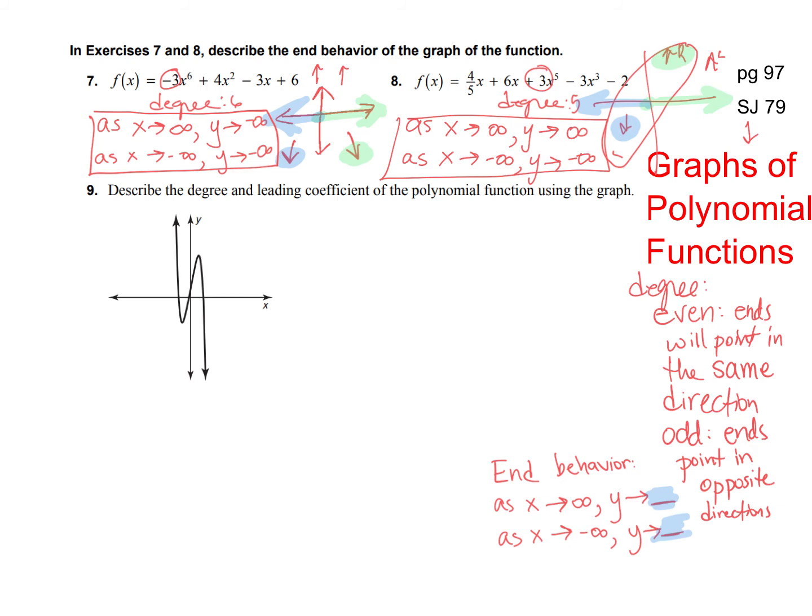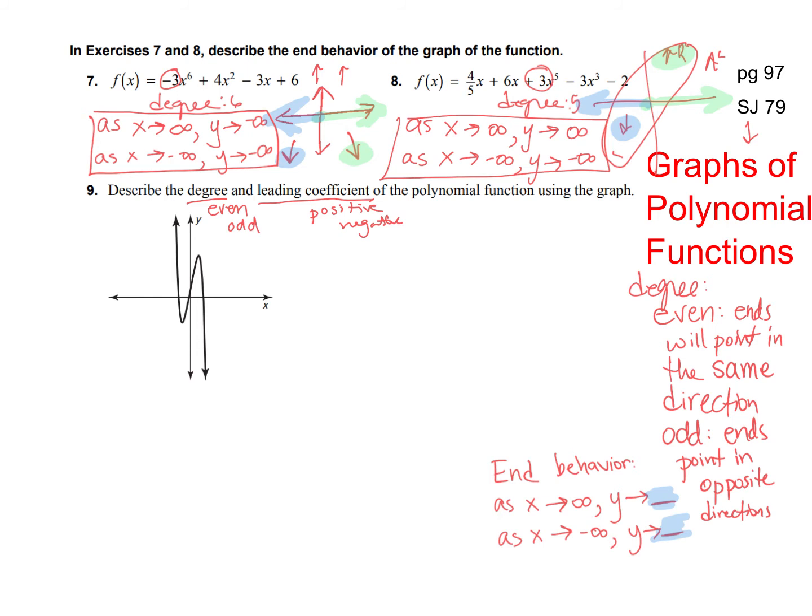Let's look at the next one. It says describe the degree and the leading coefficient of the polynomial function. So to describe the degree, you're going to say it's either even or odd. And for your leading coefficient, it's either going to be positive or negative. And you know that based solely on looking at the graph. And that's just a rough graph.